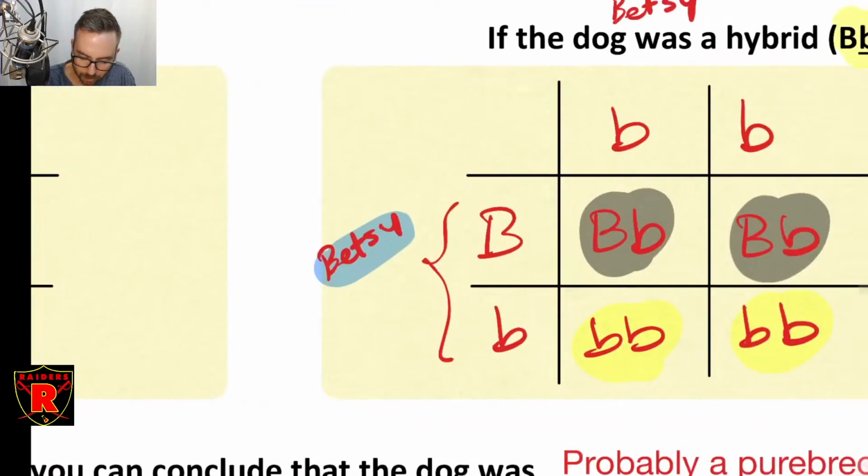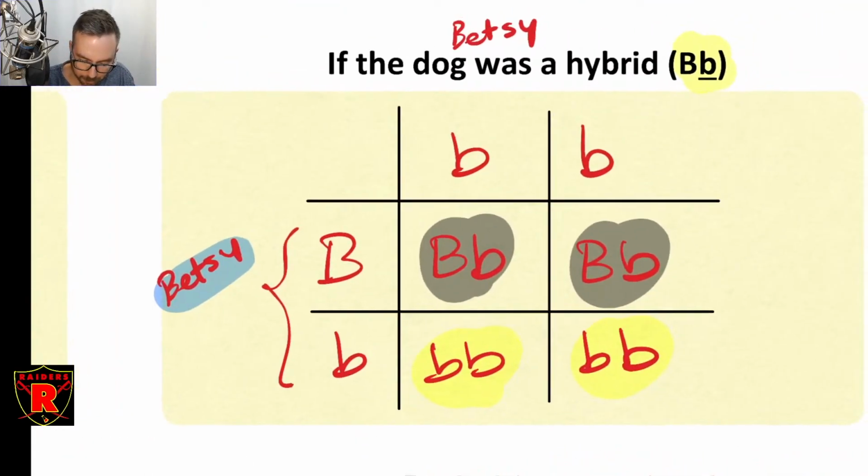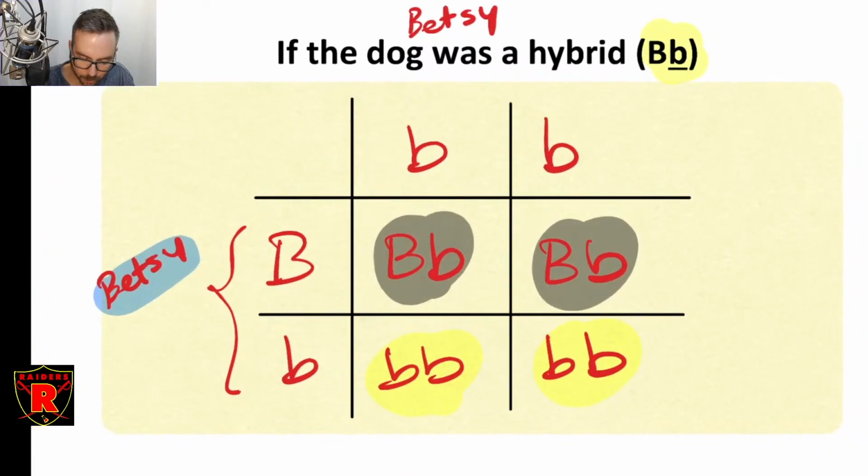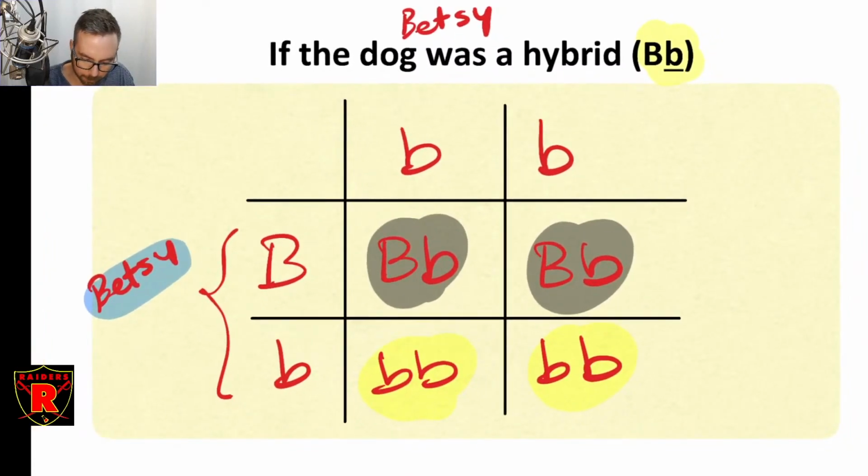If your dog, and I used Betsy as my example of a hybrid, okay, so not a purebred, so hybrid would be big B, little b. If I breed my hybrid here with little b, 50% of the time, and you can look at the Punnett Square here, solve out the Punnett Square, half of the time you're going to get a black dog, and half of the time you're going to get a blonde dog.